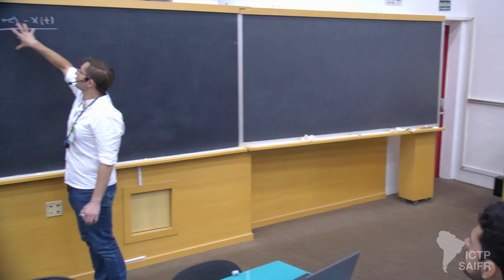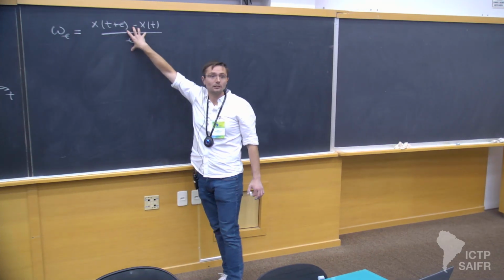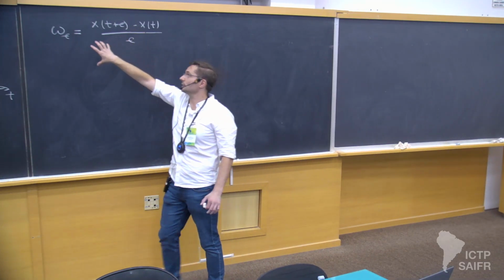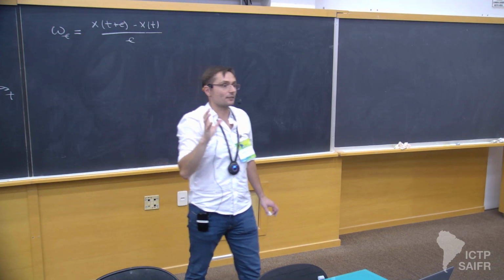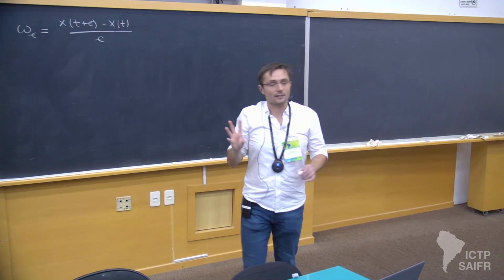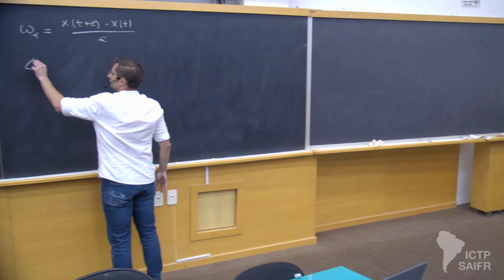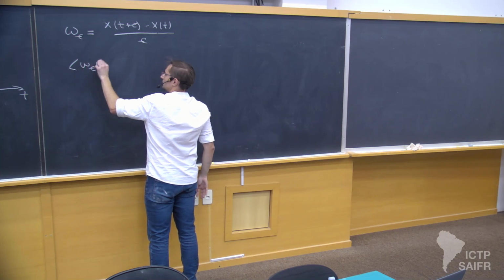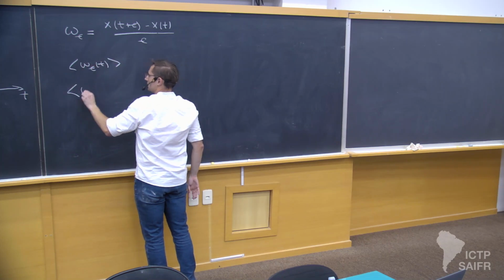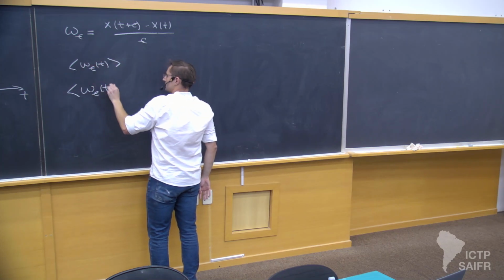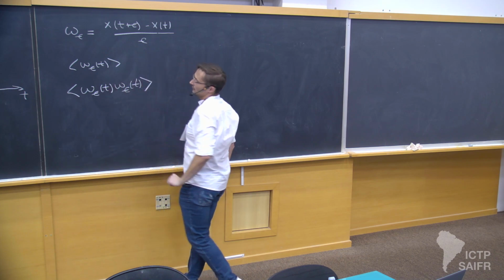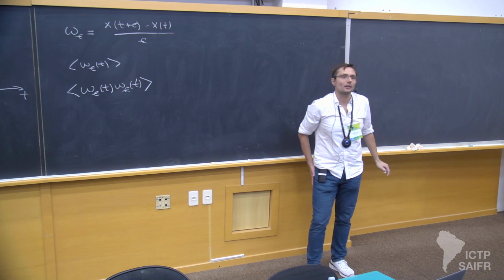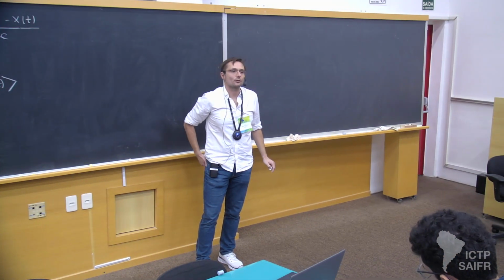If I have a linear combination of two Gaussian processes, then the resulting process is also a Gaussian process. And therefore, I can fully describe it with two things. The first one is the mean. And the second one is the two-time correlation function, which is a very important object describing stochastic processes.